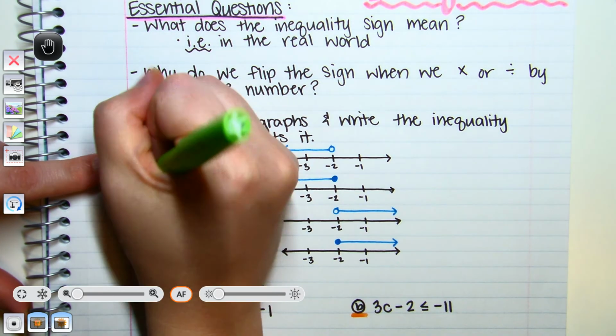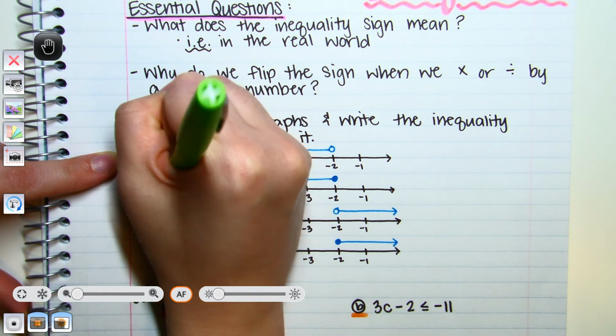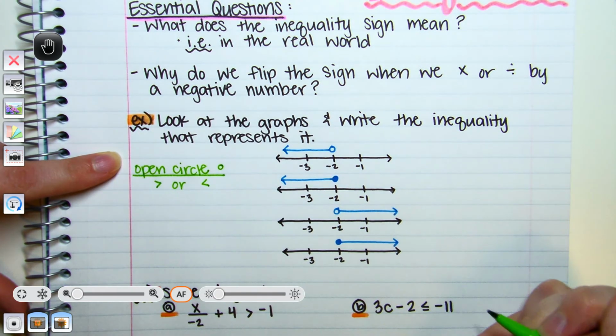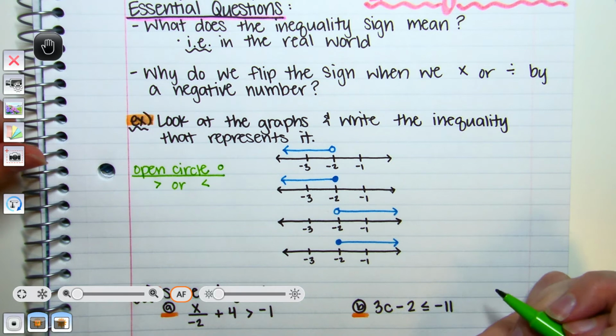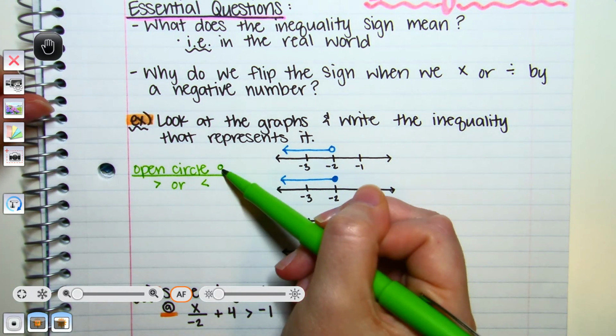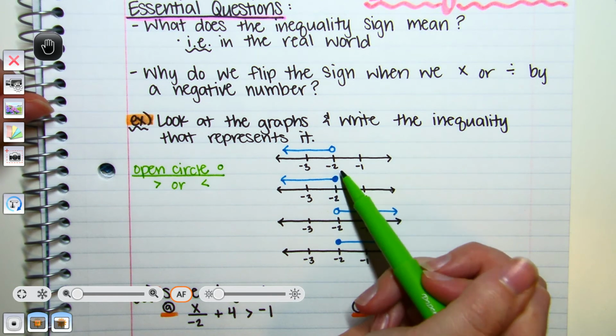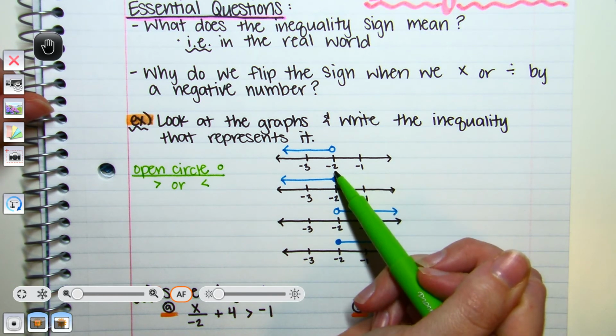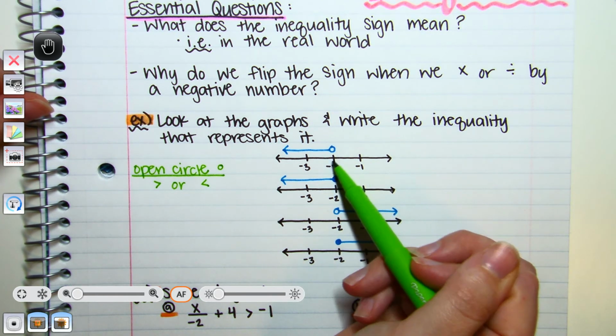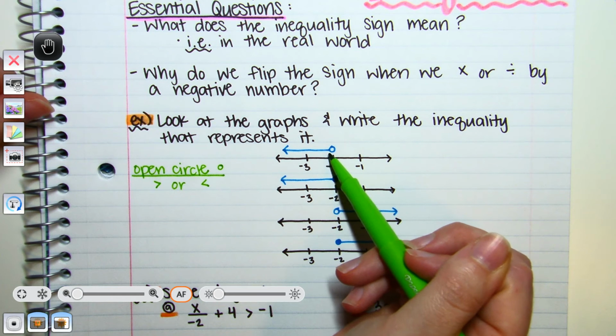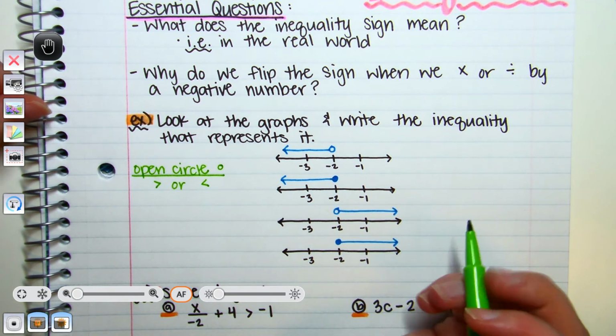That is when you have the greater than or less than. What it means is that the solution, that number where your circle is, is not included. So for example here, the number -2 is not included. It could be everything really close to -2, but the -2 is not actually included.